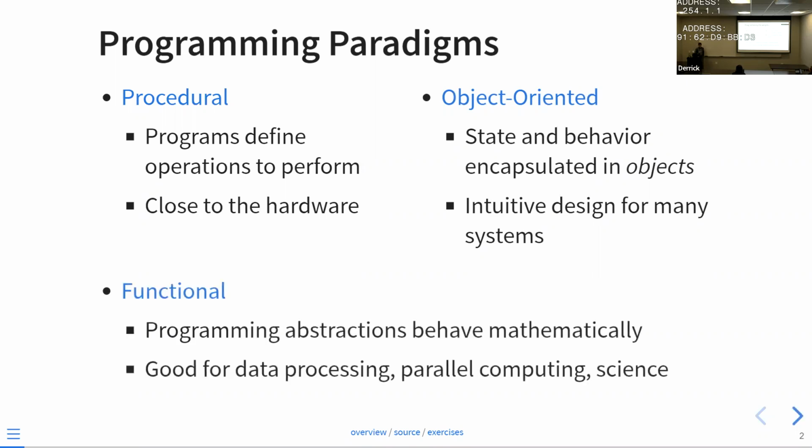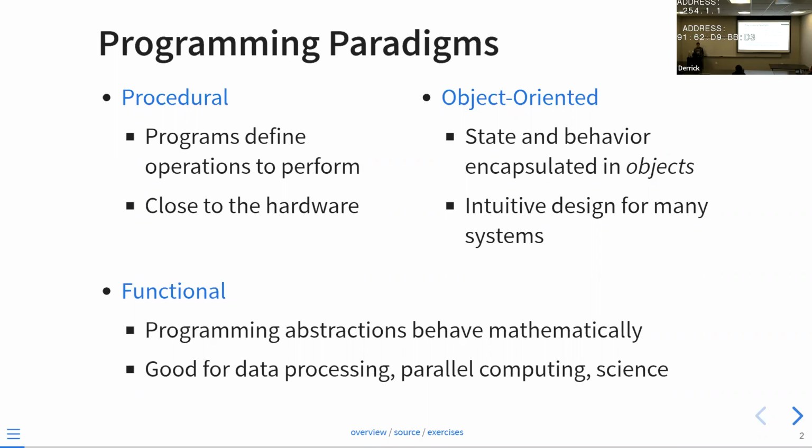What we're going to talk about today, though, is functional programming, and this is a different paradigm. Our abstractions in functional programming are going to be much closer to mathematics. So we want our functions to behave like proper mathematical functions, and we'll get into what that means in a second.